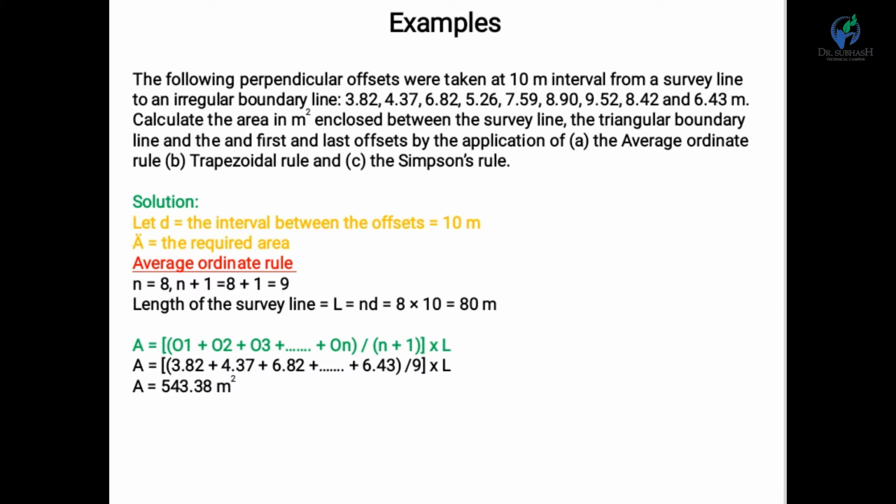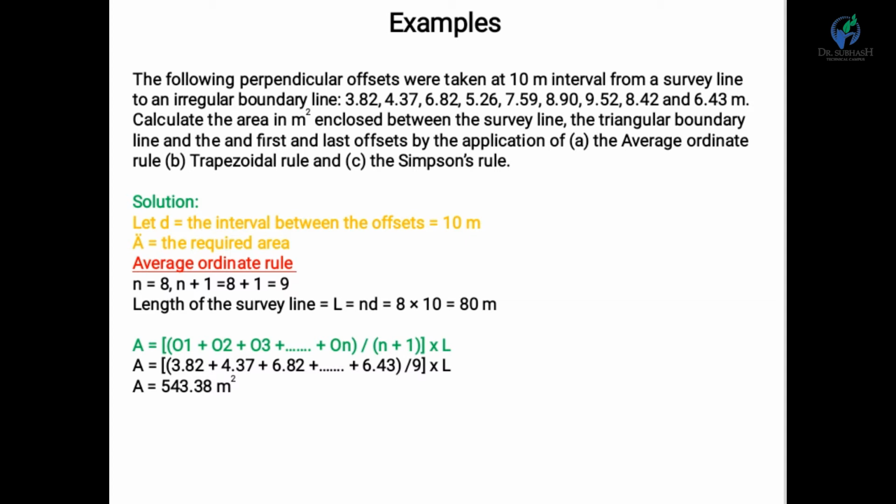Now, as per the given data, the common distance is 10 meters and A is the required area. As per the average rule, the given number of ordinates is 9 and the number of divisions is 8.